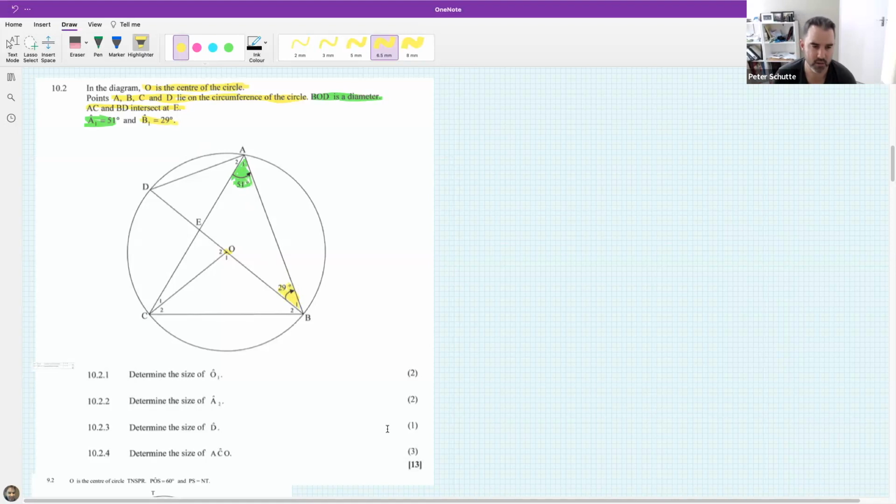Okay, so I want you to start by finding me the size of O1, and I also want you to find the size of A2. See if you can do those two questions to start with. What do you think the size of O1 is? What do you think the size of A2 is?